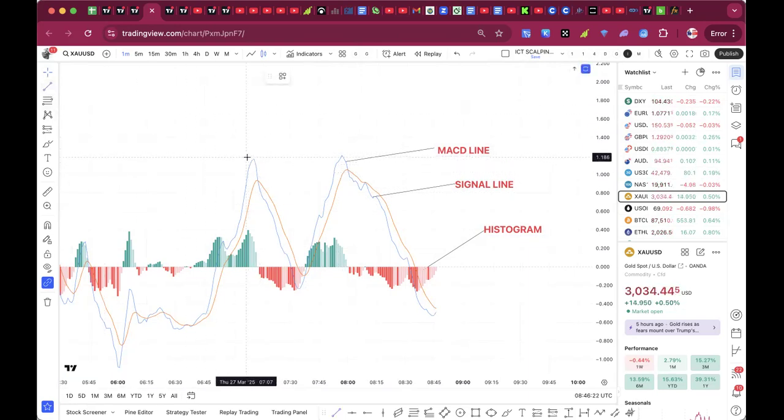If you look at this, it's more like a double top for MACD. Remember, we're on 1 minute, so you cannot rely on all of this, but you are just using it to support your arguments. So this is a potential move down.